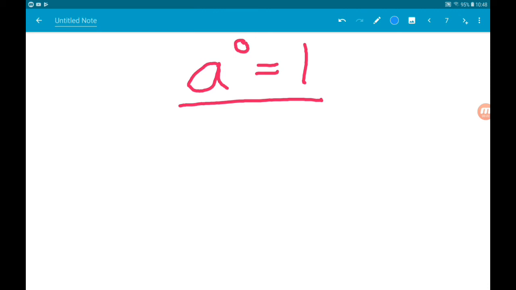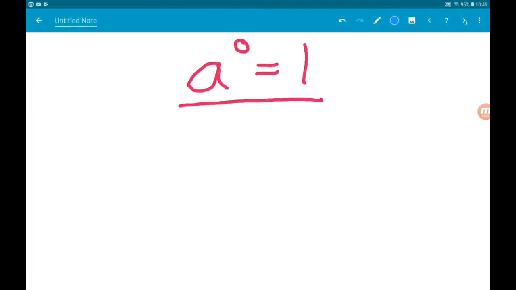Well, if you have an index of 0, then that's telling you to multiply 1 by this number 0 times. Now that's not telling you to multiply 1 by 0, it's just essentially telling you to start with 1 and then do nothing to it. So your 1 is going to stay as 1.